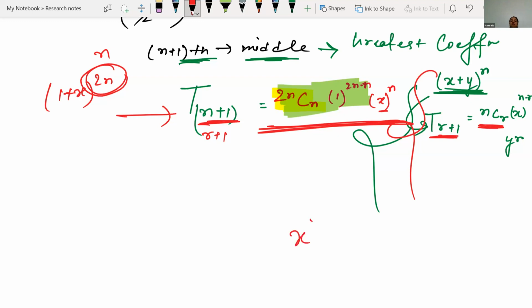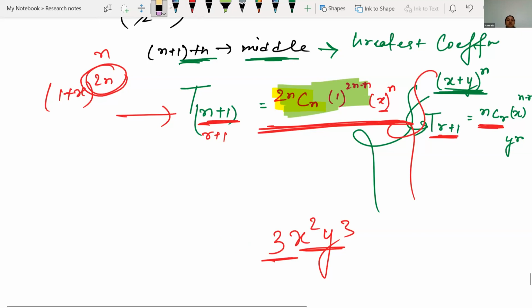Suppose I am writing 3x^2y^3. Here the coefficient of x^2y^3 is 3. Now if I write one of the terms as 5C3 times this, which one is the binomial coefficient?